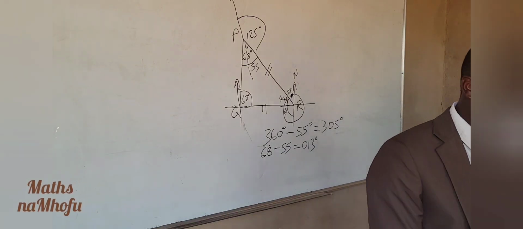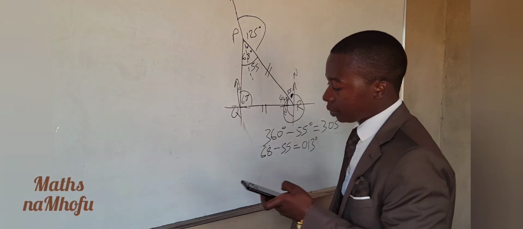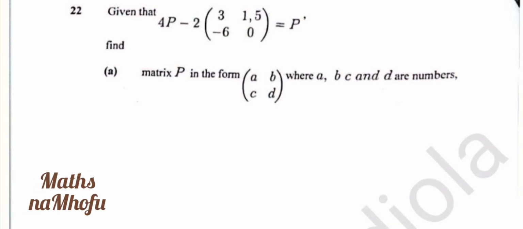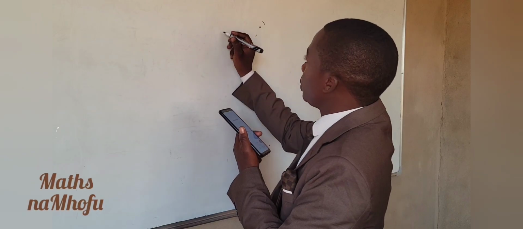Now let's move on to the next question. Number 21. Given that 4p minus 2, open bracket, 3, 1, 5, minus 6, 0, is equal to p.